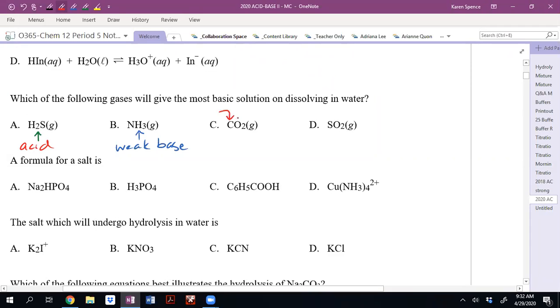Whenever you see the O at the end, you're going to remember that you have an oxide. And what do you remember about oxides in terms of acids and bases? Is there anything special about oxides?